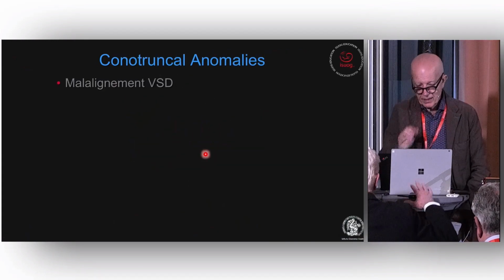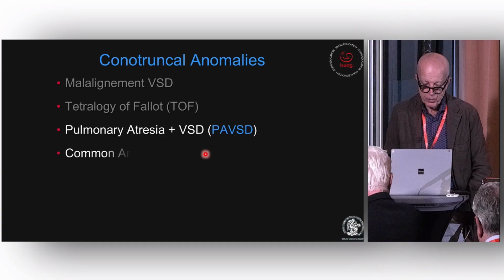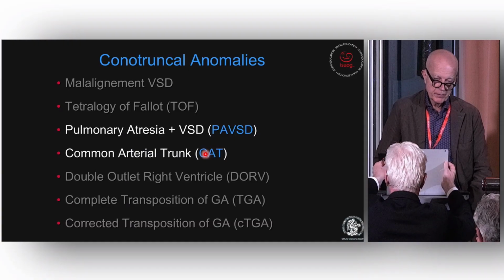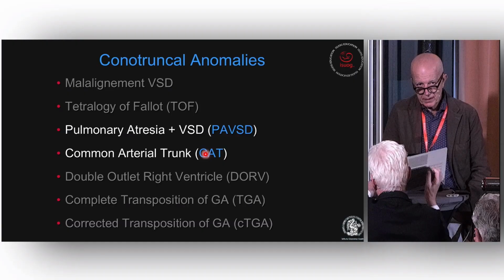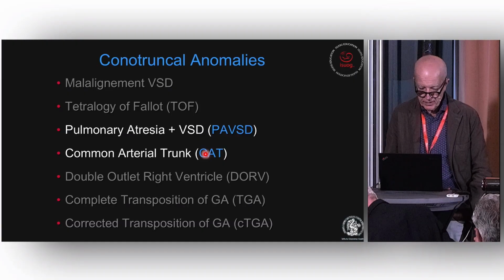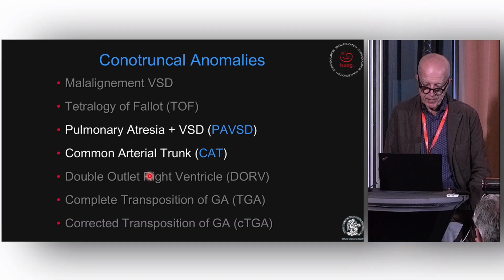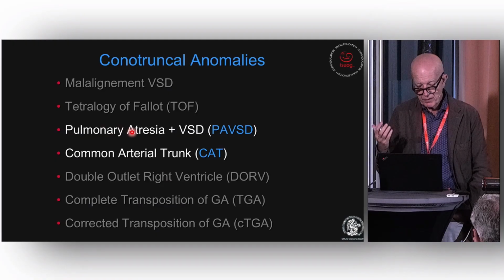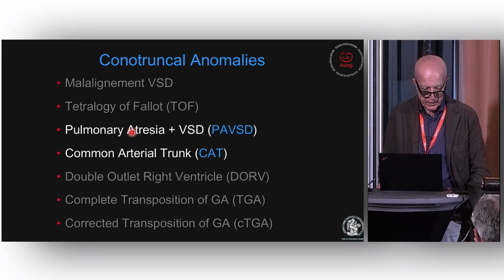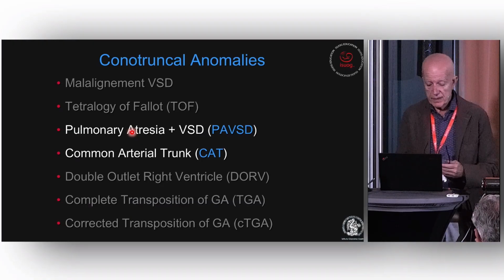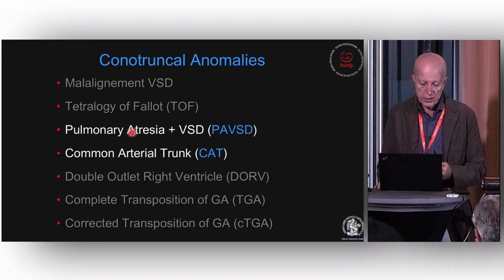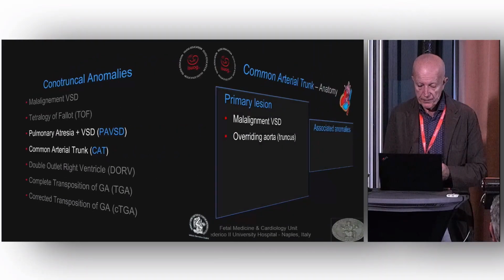So the truncus is one of the several abnormalities of the conotruncal, which we will deal with over the next few hours. And I highlighted among them also the pulmonary atresia with VSD that Simon brilliantly showed to you right now, because that's the most important and most relevant and sometimes challenging differential diagnosis for the common arterial trunk.